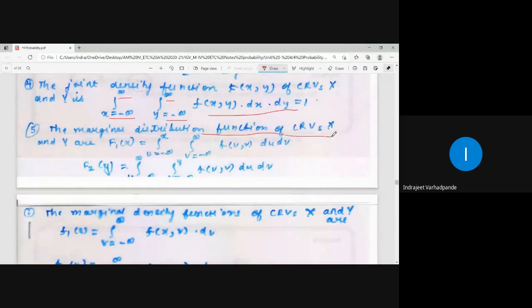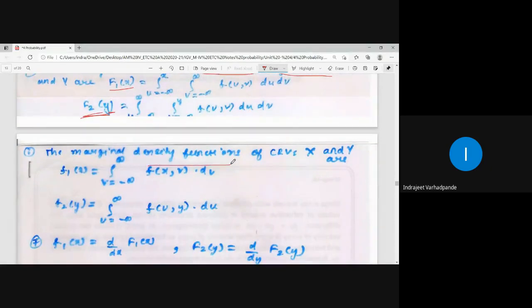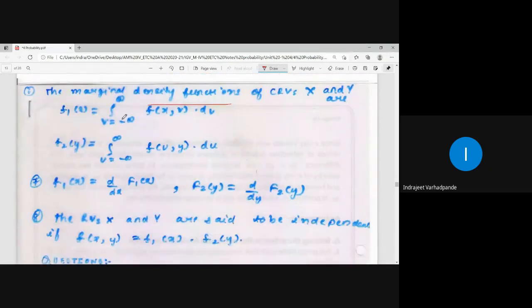Marginal distribution function for the continuous random variable capital F1 of x, and the marginal distribution function for y, which is given by F2 of y. For the marginal density function, from the formulae we just saw, small f1 of x, integration to be done with v, small f2 of y, integration to be done with respect to u, y will be kept as constant.